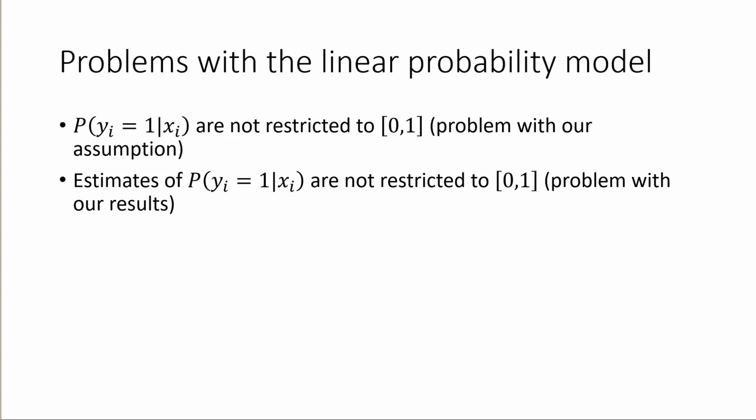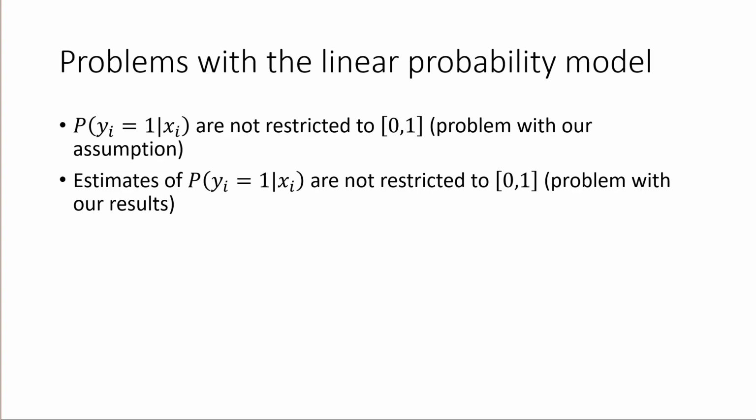To take a concrete example, I may actually predict that the probability that student i will pass the exam, given the x variables, is 130%, for example. Or I may predict that the probability that another student will pass the exam is negative 20%. And this is, of course, a problem.